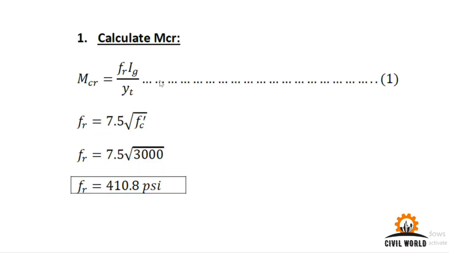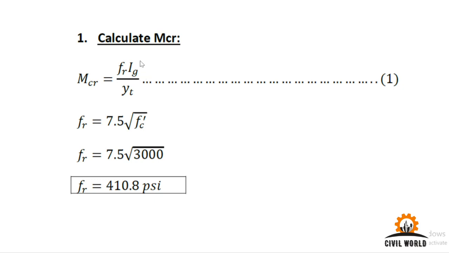So as we know, we have a flexure formula, which is f equal to My over I. If we rearrange, M is equal to f I over y. f is the tensile strength, or in this case we have the flexural strength of the concrete.